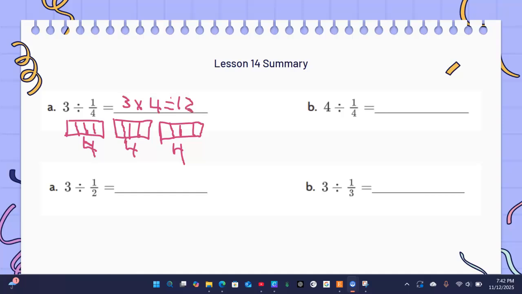Next one, we have four. Again, it's four wholes. So separate them. It's easier for you to see it if you separate it. Now we're gonna have four groups of fourths. And I'm going to partition them into fourths.